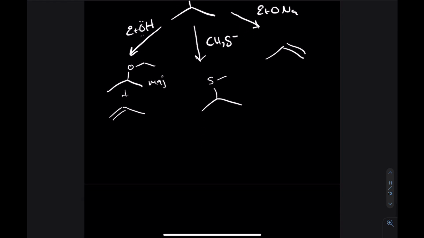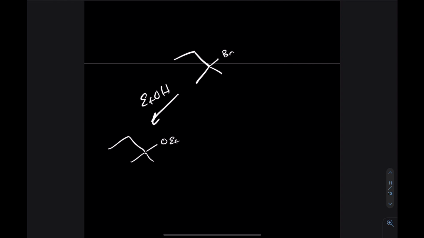Now, when you start getting into really substituted stuff, you're unlikely to see any sort of Sn2 products at all, right? Substitution still favors E2, but does not favor Sn2. So if you have something that looks like this, a really substituted tertiary system, and you just let that soak in ethanol, over time, you would expect to see a substitution reaction that gives you the ethyl ether that comes off there, possibly also the elimination product.